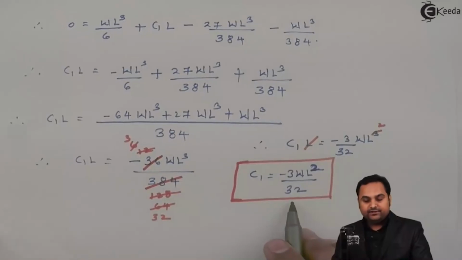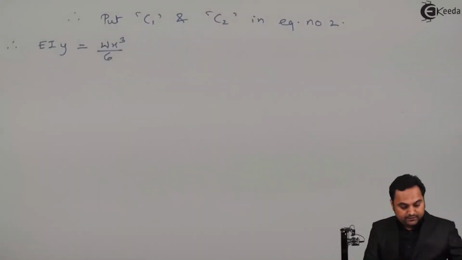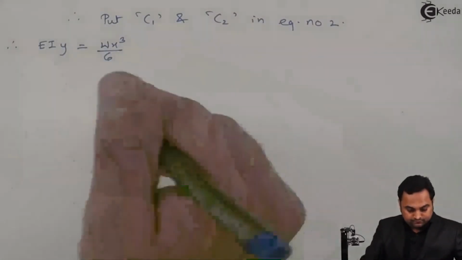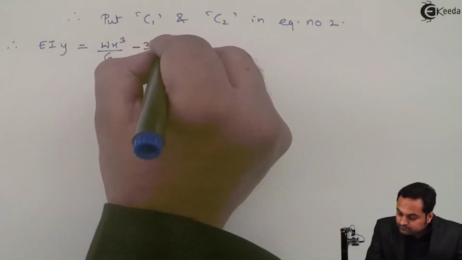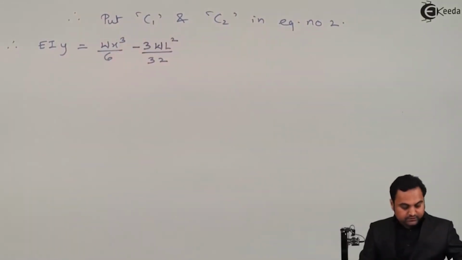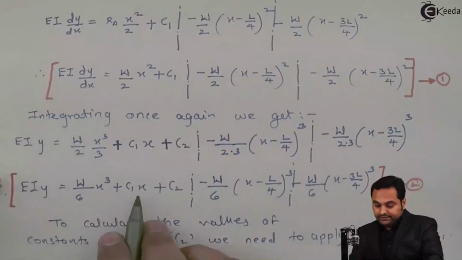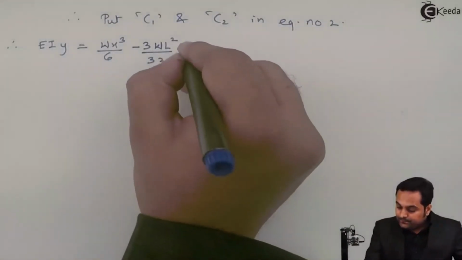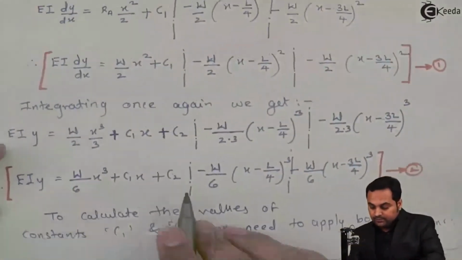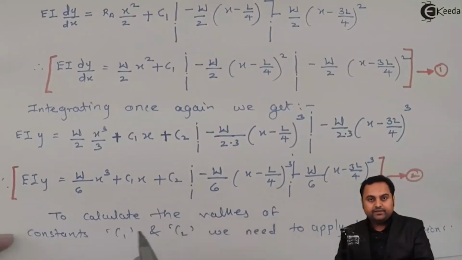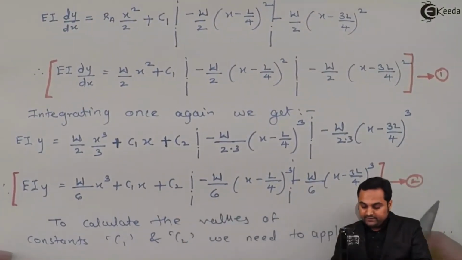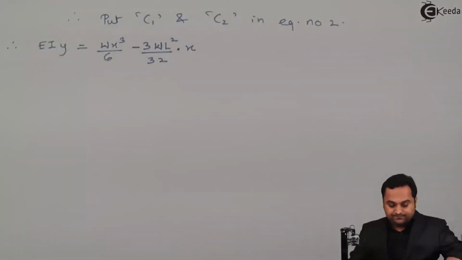So minus 3 by 32 WL square, I'll put the value. This is C1 into X, plus C2 was 0, so no need to write the value here. I'll copy these terms as it is.